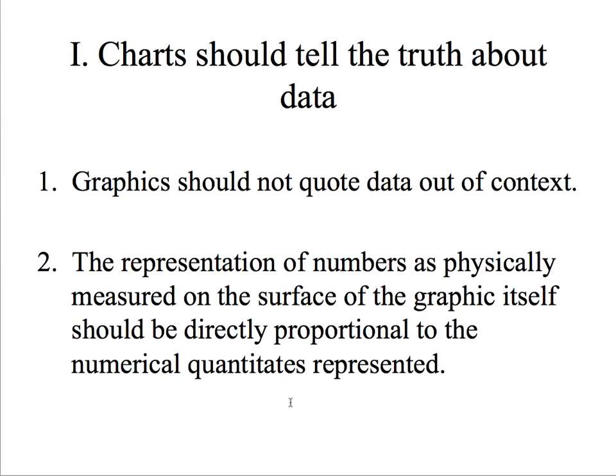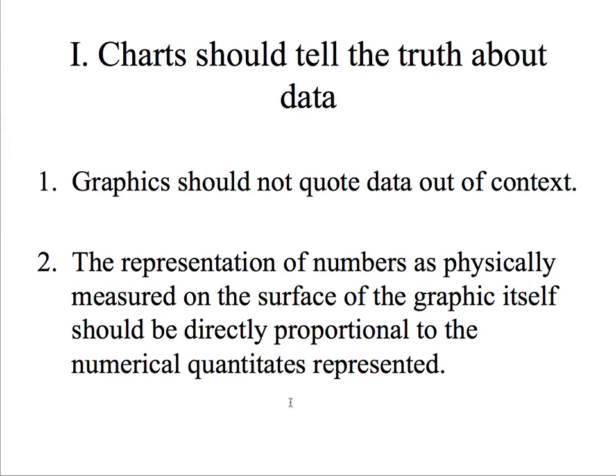So for graphical integrity, right, that means the charts should tell the truth about the data. And there are two things that may lead you to lie with charts. One is quoting the data out of context, right, or hiding some data, right?